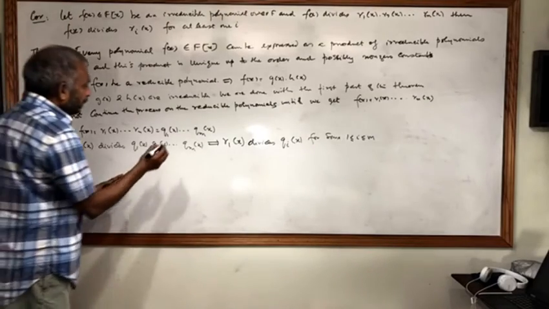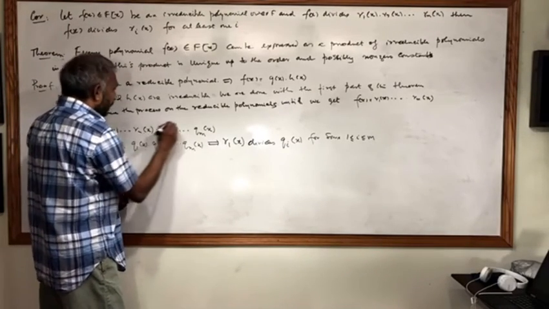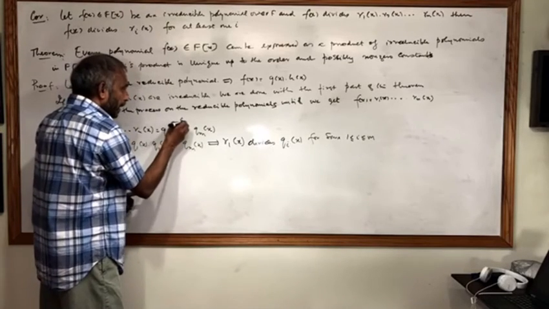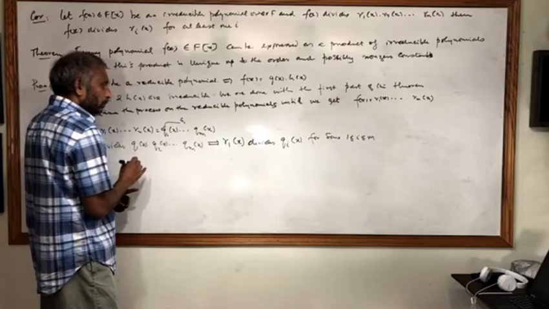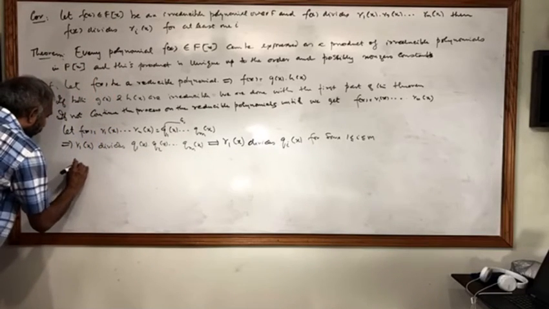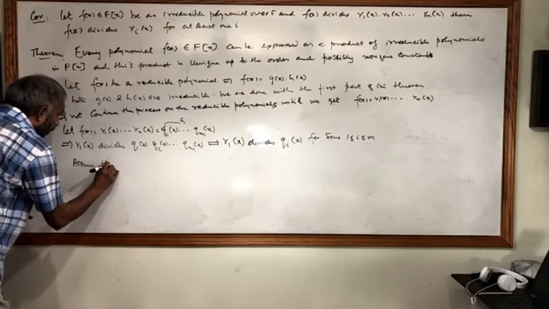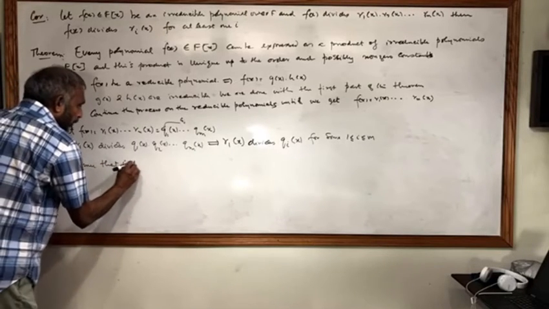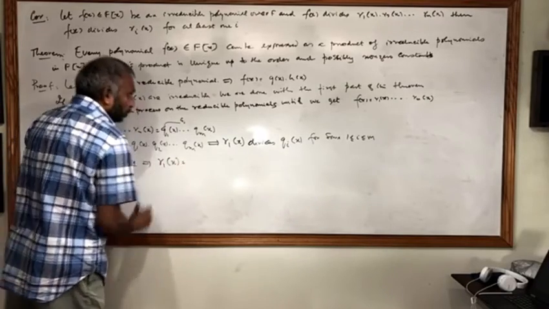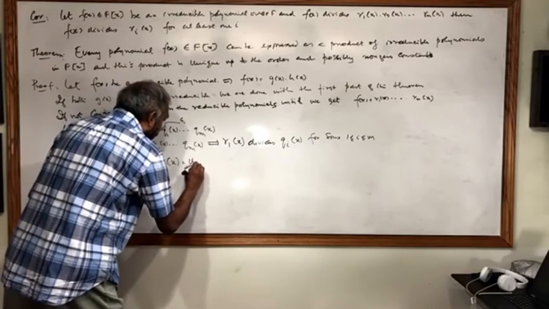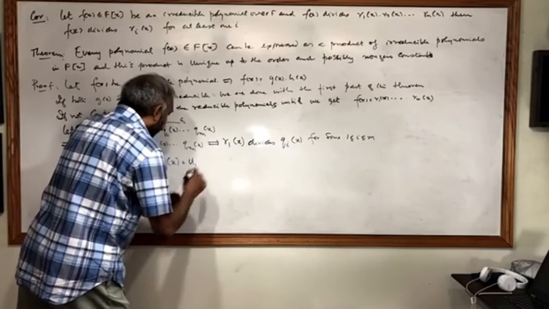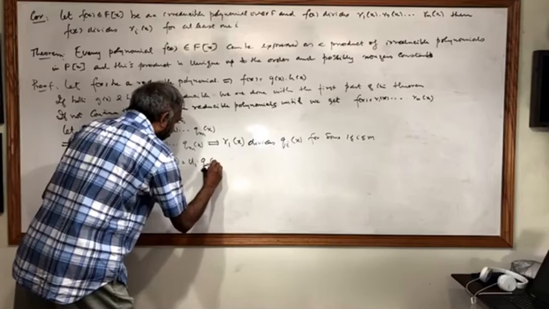So what we do is, if we divide somewhere here, let's say qi, we make i as 1. We are reordering it. So assume that i is equal to 1, which implies R1 of x is equal to u1 times q1 of x.